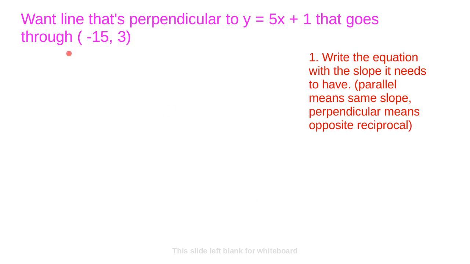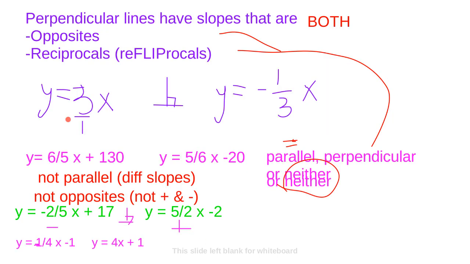So we're going to write that equation. What is the opposite reciprocal of the slope that's right here? What is the opposite reciprocal of 5? It might help if we come back to the other slide and see what we did with 3. We put 3 over 1, then we flip it, it becomes 1 over 3, and then we made it negative.